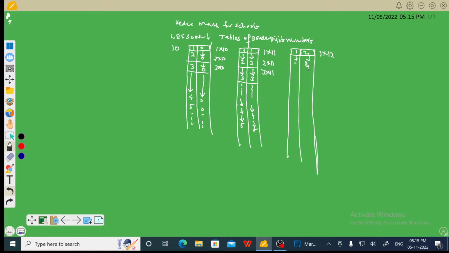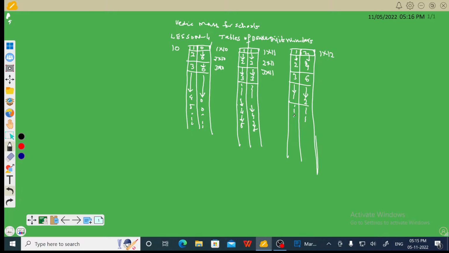So it will make 4, and here is 2. Then increase by 2 will make it 6 and 3, and so on. Here there is an increase of 2 at each step, and here there is increase of 1 at each step, and like that.